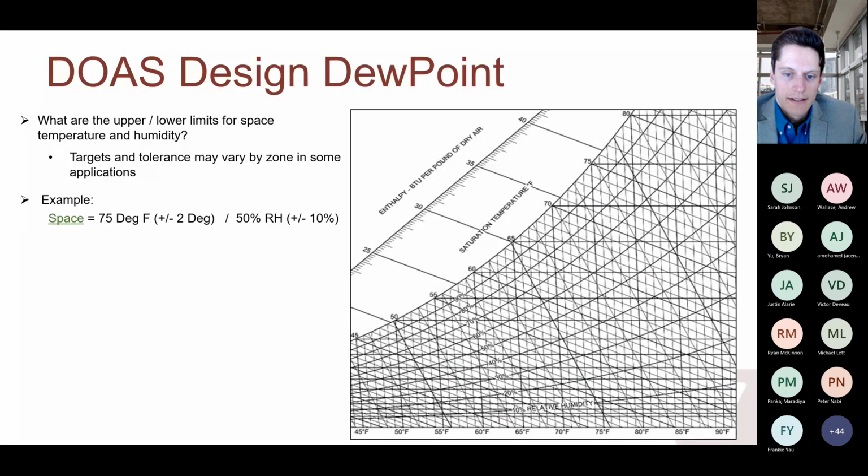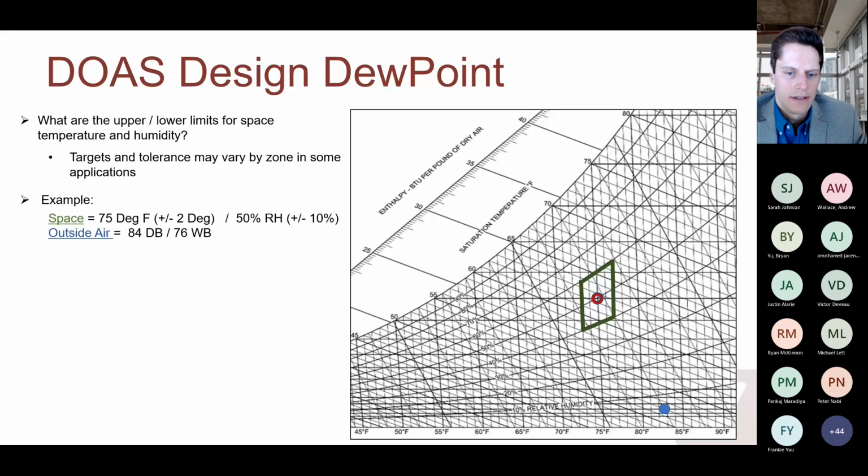So I've been talking a lot about sensible heat ratio, and I'd like to show an example here of why that's important. Specifically, you might have a building with a lot of different zones or spaces. And how do you choose what your design is if you've got your system serving multiple spaces like that? So in this example, again, I'm putting up our target window here.